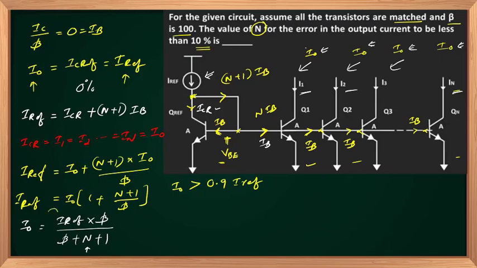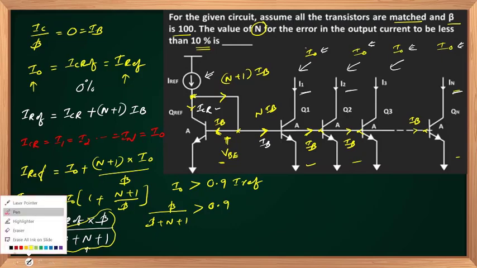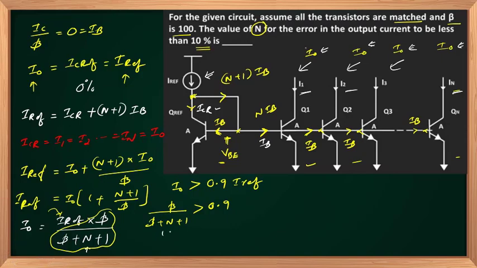This implies the ratio should be greater than 0.9. That implies beta upon beta plus n plus 1 should be greater than 0.9. Beta is given as 100, so 100 upon 101 plus n should be greater than 0.9.